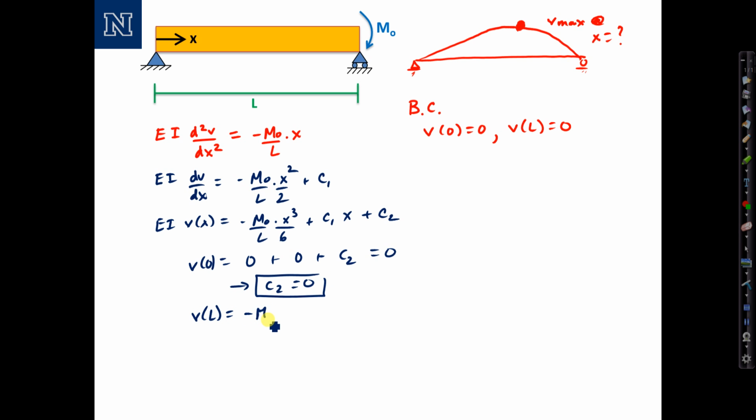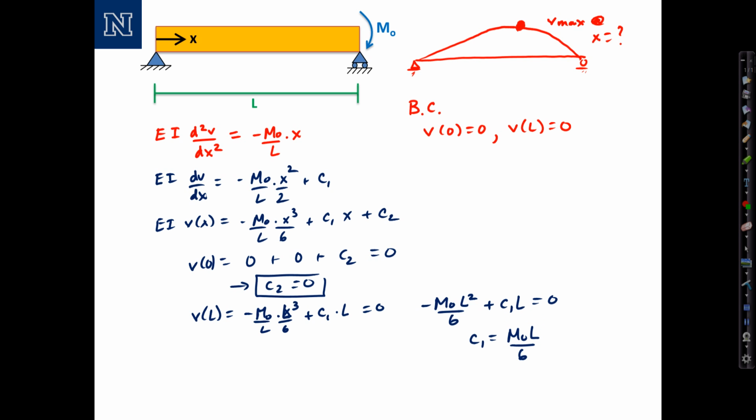We have negative M0 over L times L cubed over 6 plus c1 times L, set equal to 0. Simplifying the first term, I have negative M0 L squared over 6 plus c1 L equals 0. That tells me that c1 is going to be equal to M0 L squared over 6 divided by L, M0 L over 6.